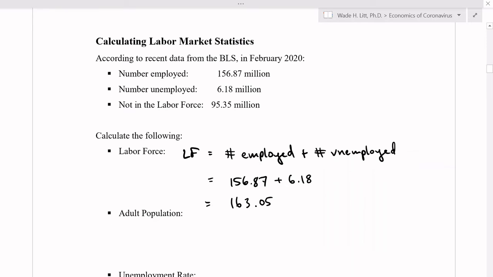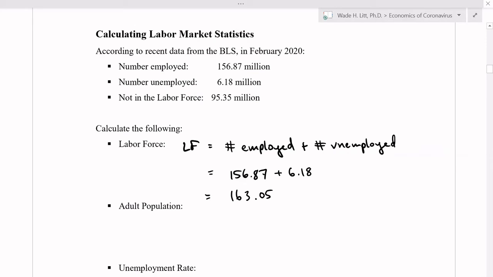Alright, the adult population is the labor force plus those not in the labor force. So that's 163.05 plus 95.35.